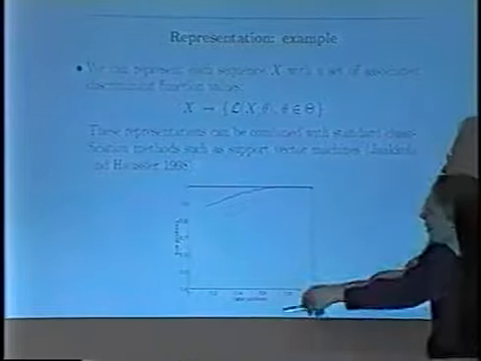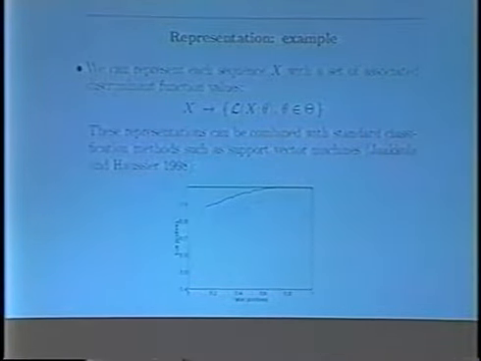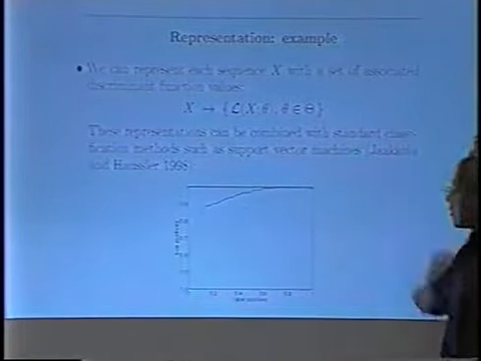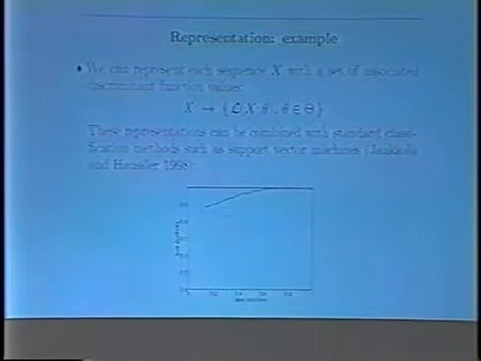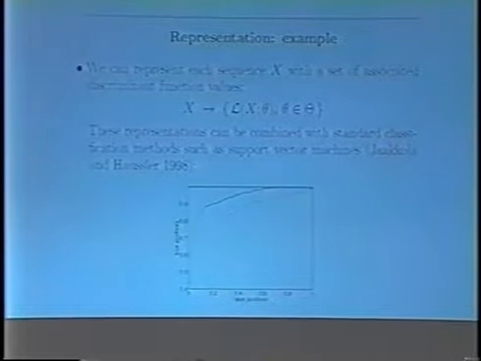Okay, and here's an experimental demonstration of that. This is a large-scale problem in classifying protein sequences into different families. The red dashed line here corresponds to state-of-the-art HMM models that people have used in this context.